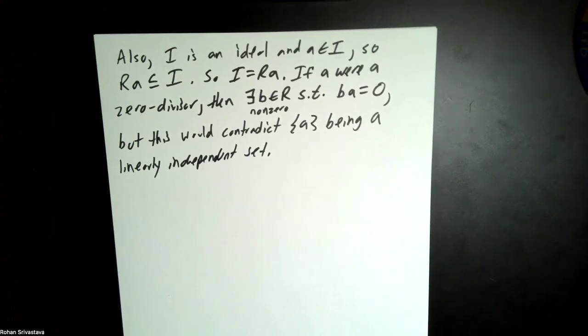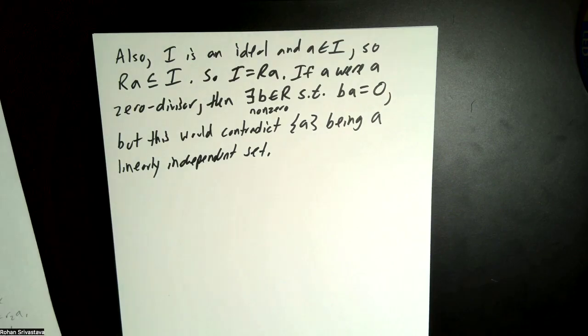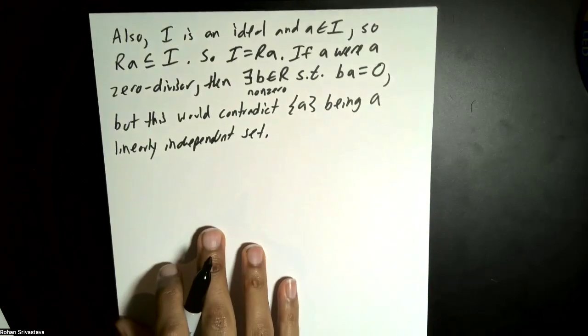So the set containing A is not linearly independent and that's not a basis. That would be a contradiction. So A cannot be a zero divisor. Okay, so that completes that direction of the proof.